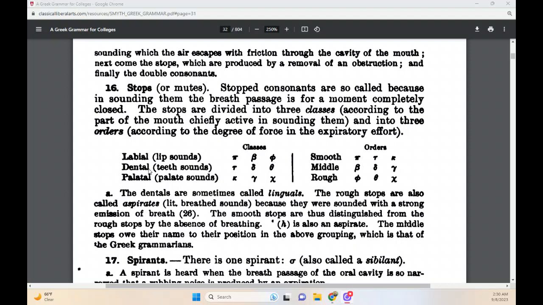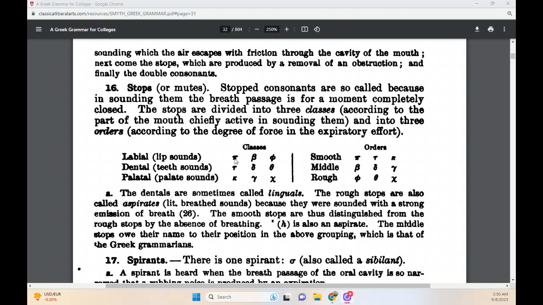Then we have dental stops. Tau, delta, and theta are produced at the teeth. And we have palatal stops. Kappa, gamma, and chi are produced further back in the mouth with the palate. So labial sounds, dental sounds, and palatal sounds.